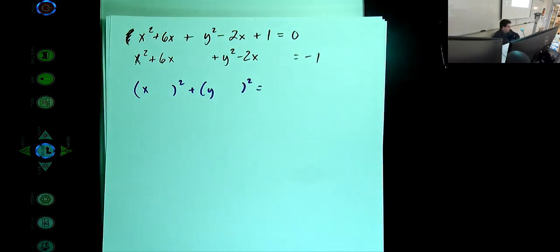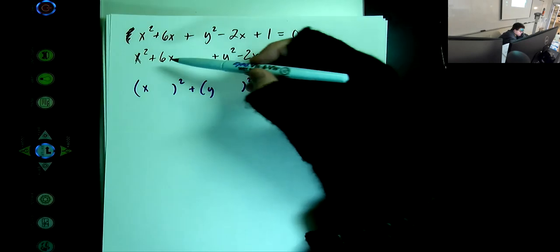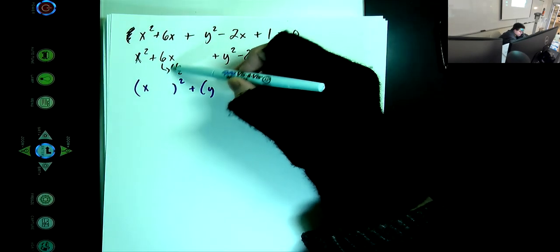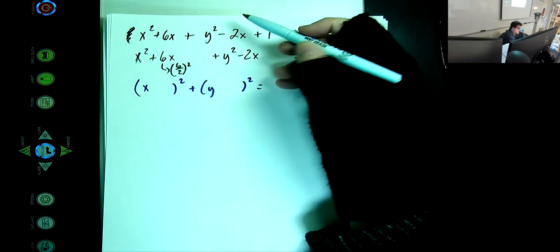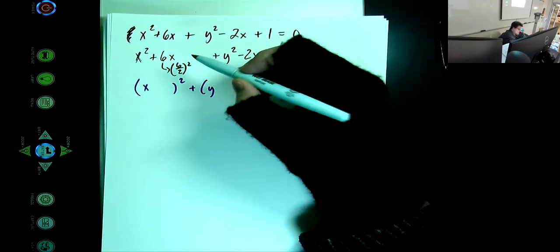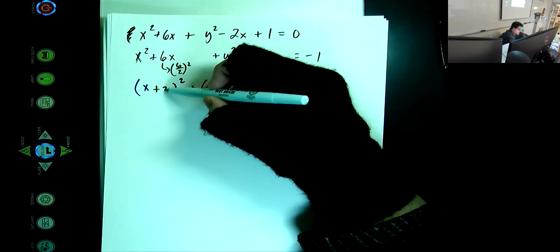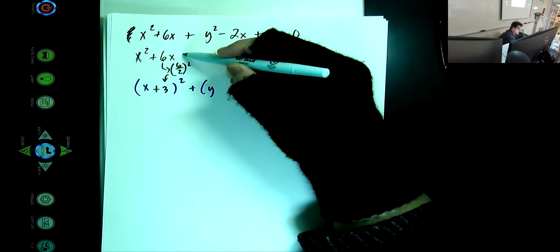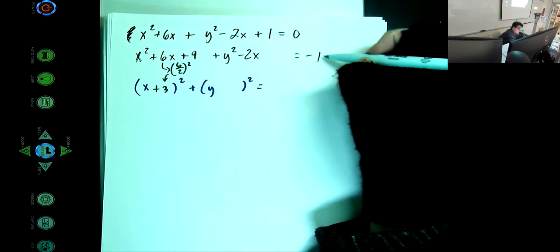We just have to figure out what we have to do to get there. What we're going to do is take the 6, cut it in half, and square it. 6 cut in half is 3. That'll be what goes in here, 3. And then 3 squared is 9. So I'm going to add 9 here and add 9 over here.